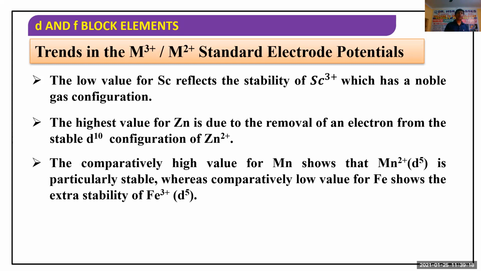The comparatively high value for manganese shows that Mn2+, that is d5, is particularly stable, whereas the comparatively low value for Fe shows the extra stability of Fe3+, because Fe3+ has a half-filled d orbital, and for manganese 2+ it is also a half-filled d orbital, so both are stable.